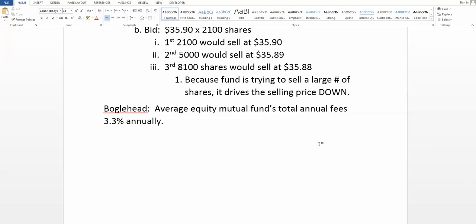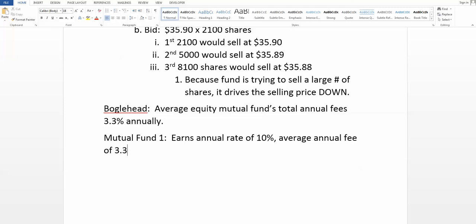So let's say we put our money into mutual fund 1, and it earns an annual rate of 10%, and it has an average annual fee of 3.3%. Let's say that we're going to invest $3,000 a year over the course of 40 years.